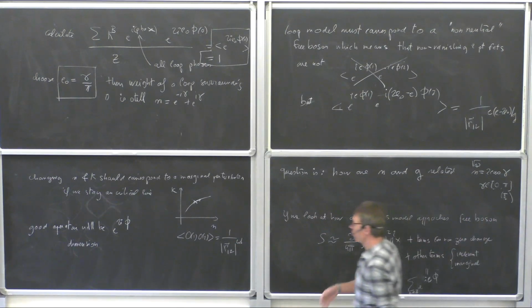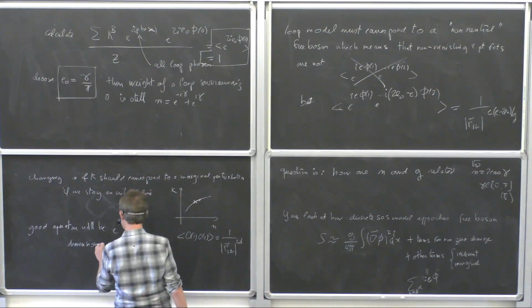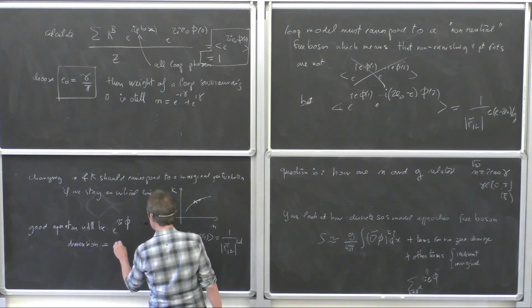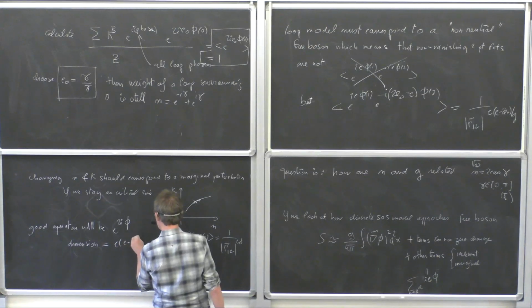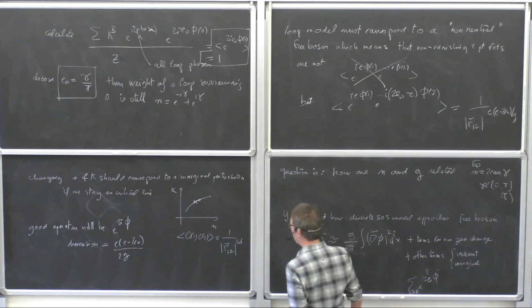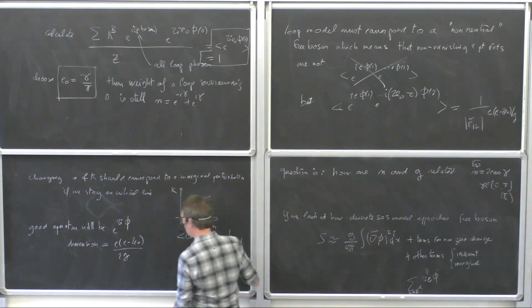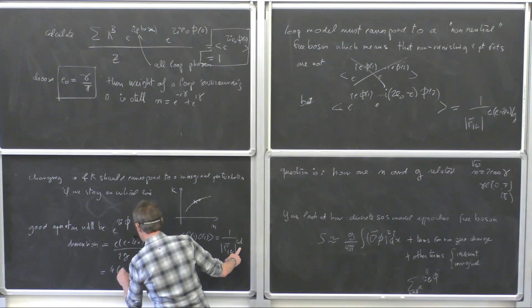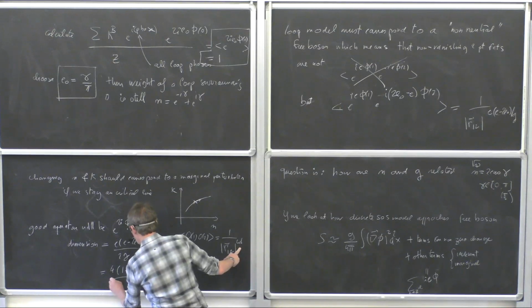Like I mentioned earlier, I use this notation already. The dimension is equal to e times (e minus 2e naught) over 2g. With e equal to 2, that's 4 times (1 minus e naught over 2g).